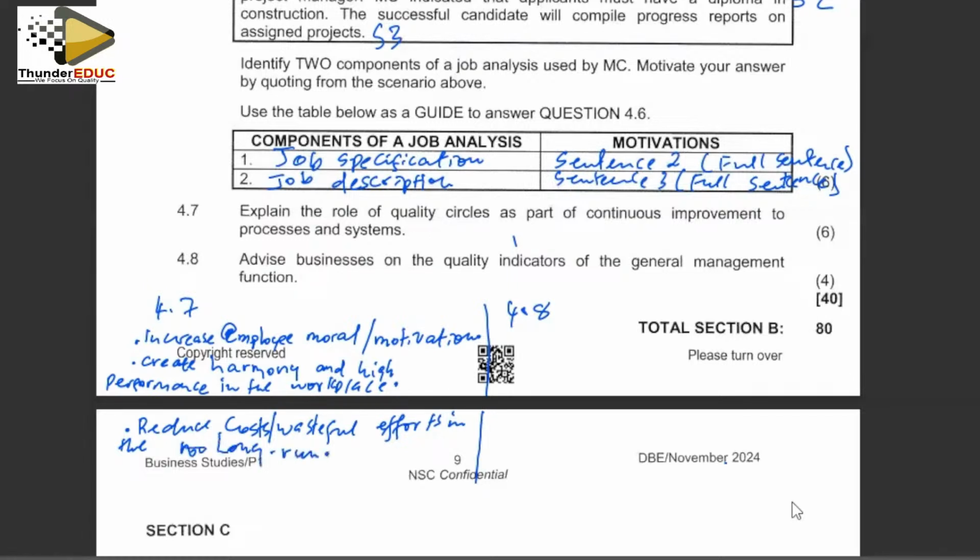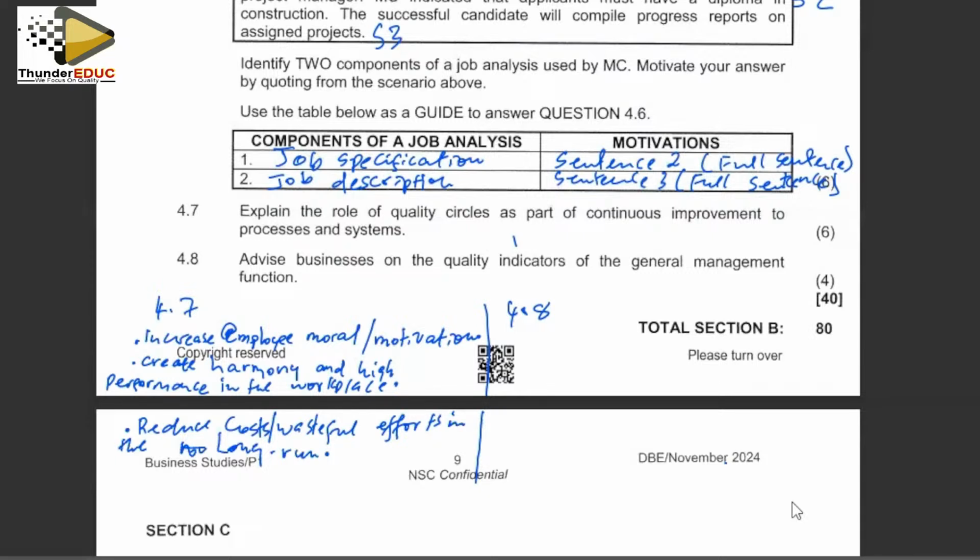Okay, so now we're saying that one of the roles of quality cycles as part of continuous improvement to processes and systems is that it increases employee morale and motivation. Also creates harmony and high performance in the workplace. Also reduces costs or wasteful efforts in the long run.